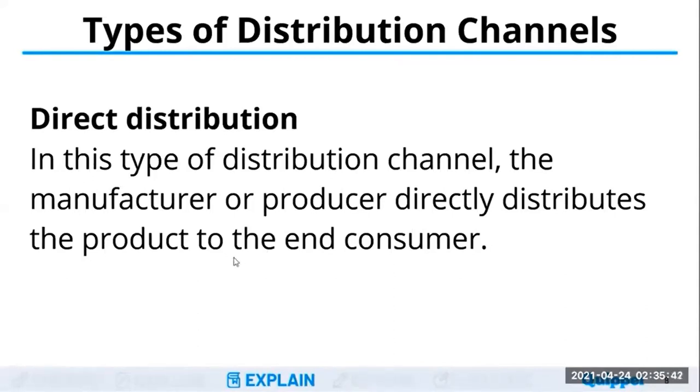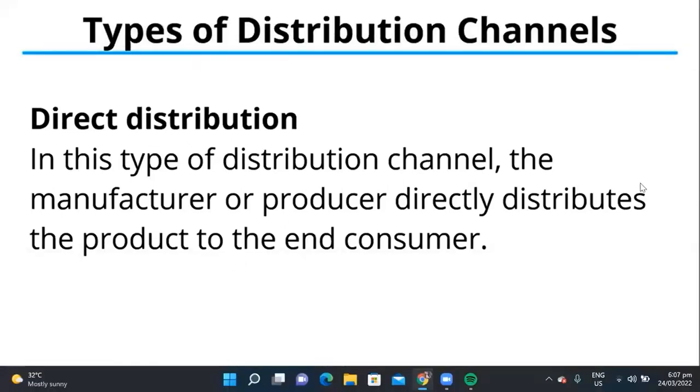So we have the following basic types of distribution channel. The direct distribution. So it is a transfer or movement of goods and services from manufacturer to final user, the customer or the consumer, without the intervention of an independent middleman.